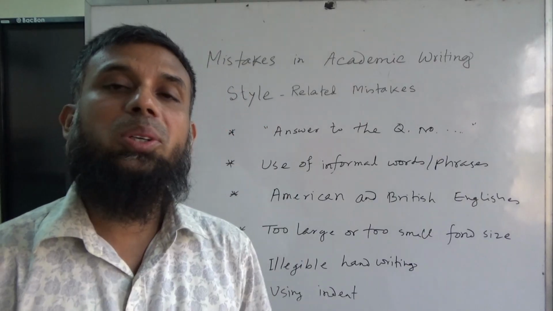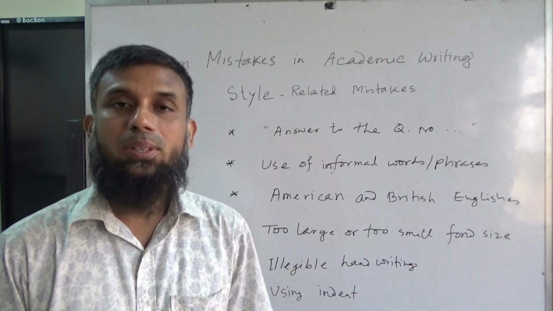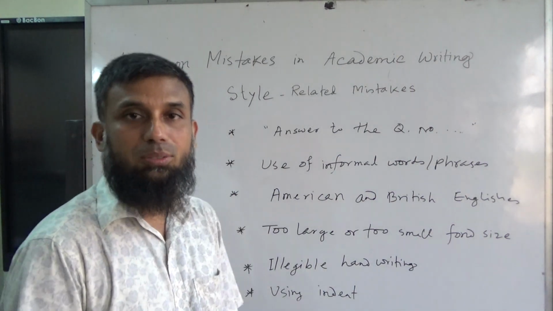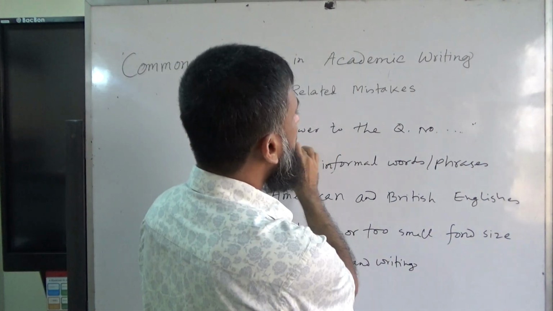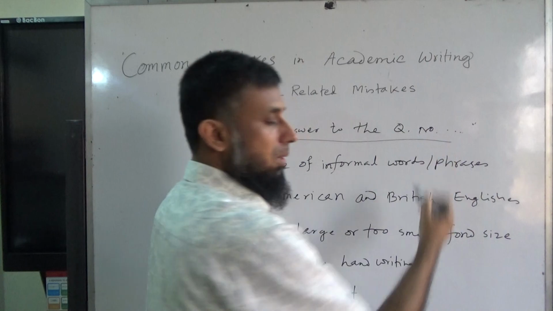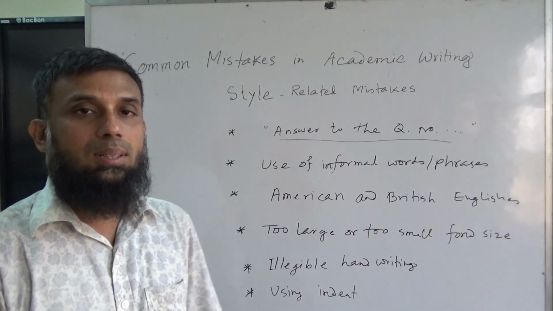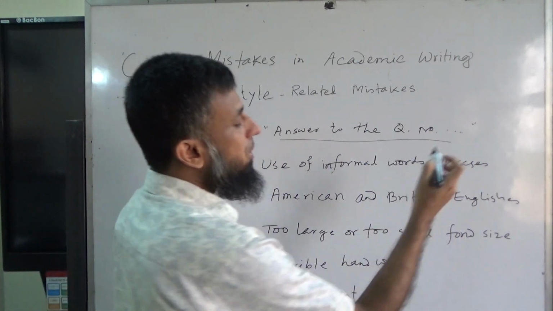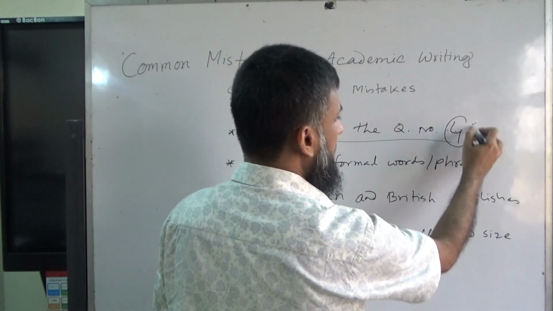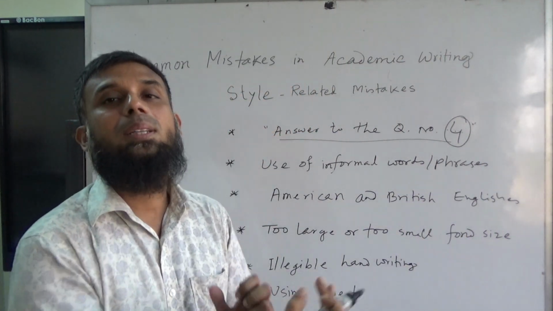The first style-related mistake that students commit is indeed a simple and silly one. We find that at the beginning of any answer, students write "answer to the question number," etc. And we find that there is a fold in the answer script, and say it's question number 4, and question number 4 is behind the fold.